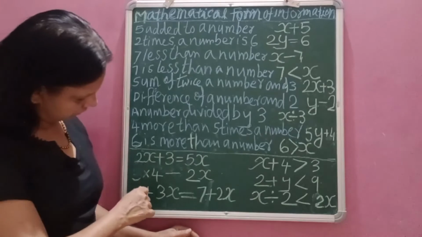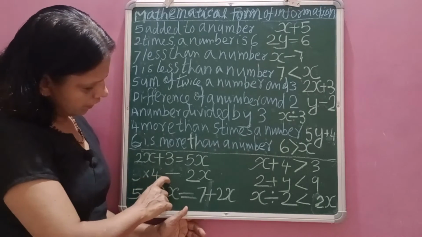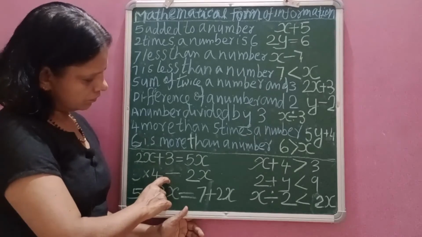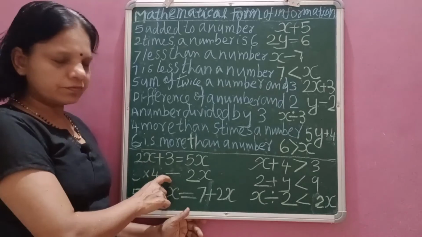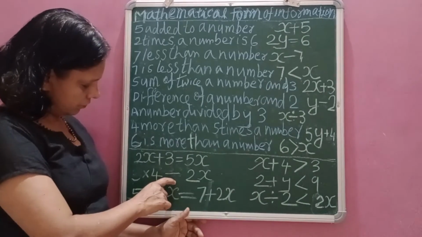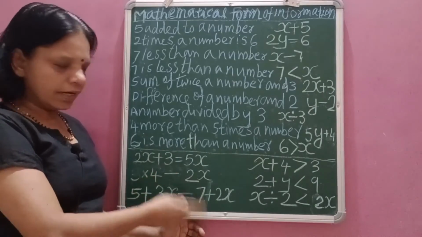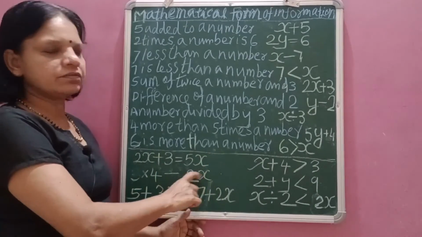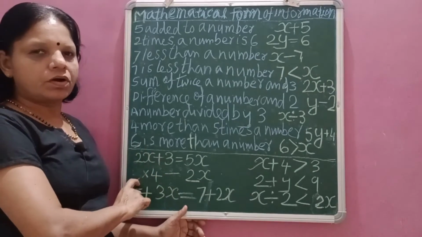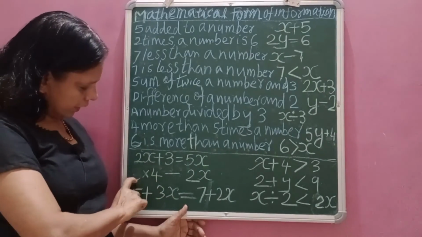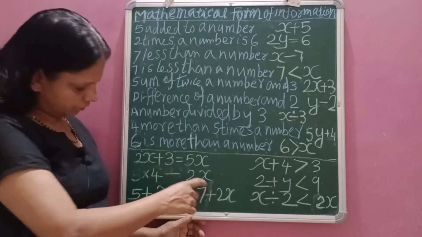Next one. 3 into 4 minus 2 into x. The minus, what will we say? Difference of the product of 3 and 4 and twice a number. The difference of product of 3 and 4 and twice the number.